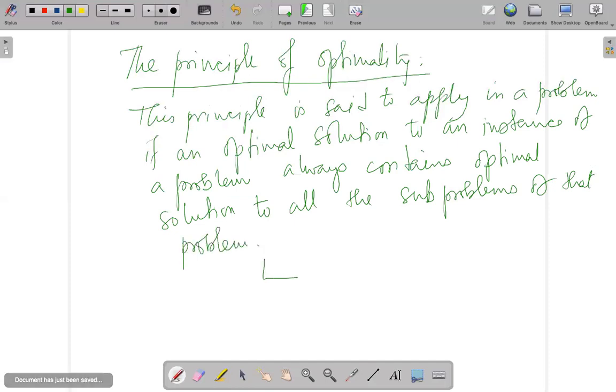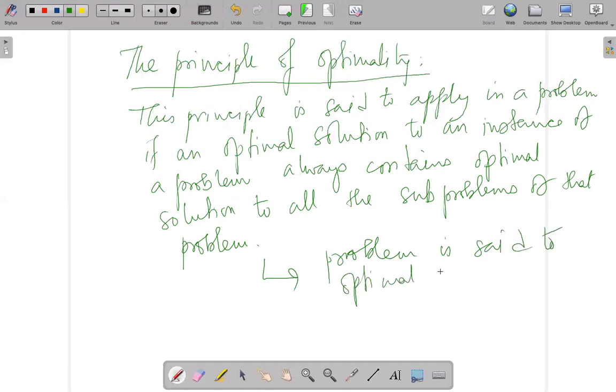Okay, in other words, the problem is said to have optimal substructures. So if you have an optimal solution for the overall problem or for the full problem instance, then the sub instances of the problem are also guaranteed to have an optimal solution.